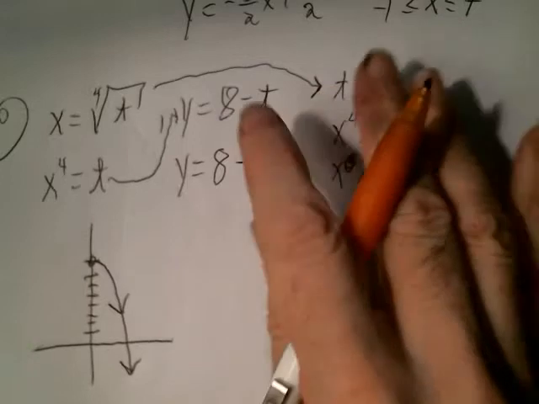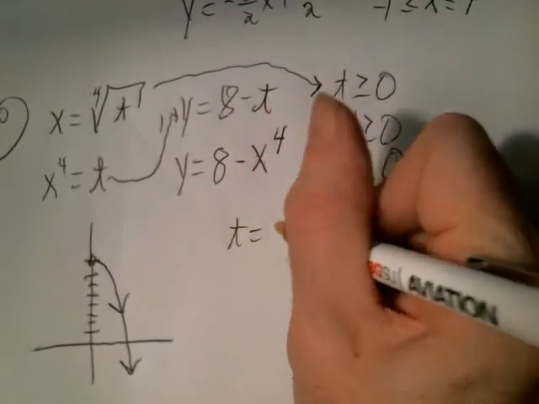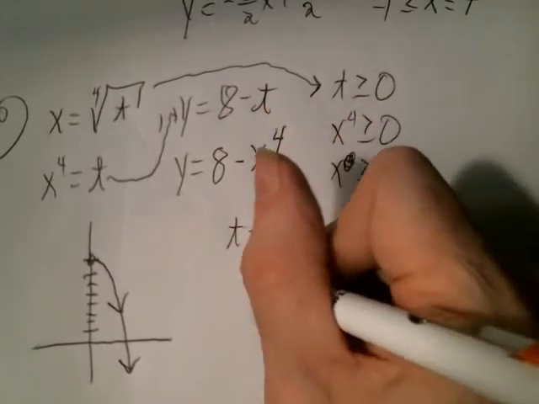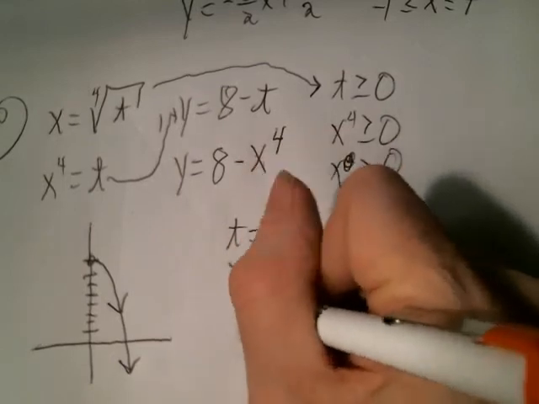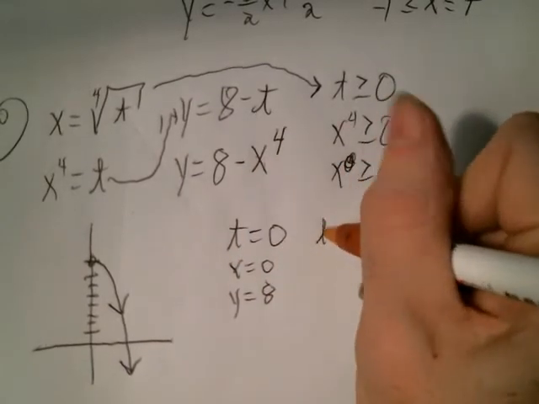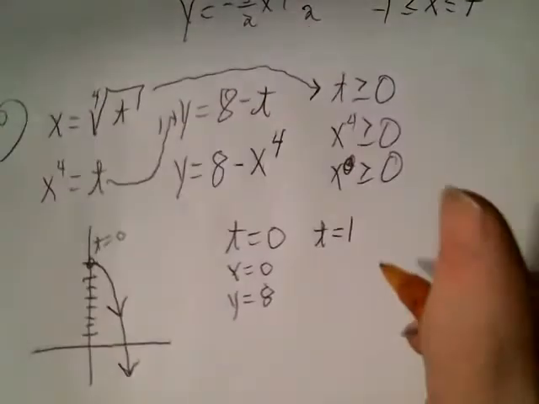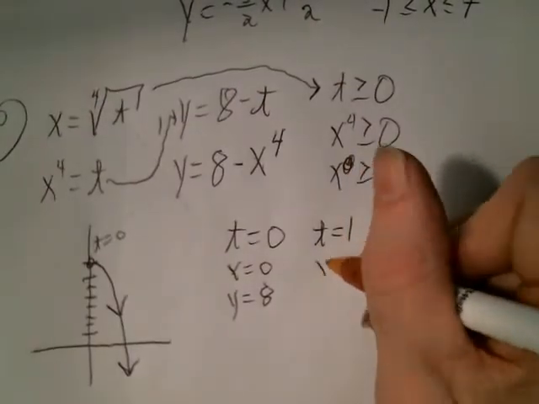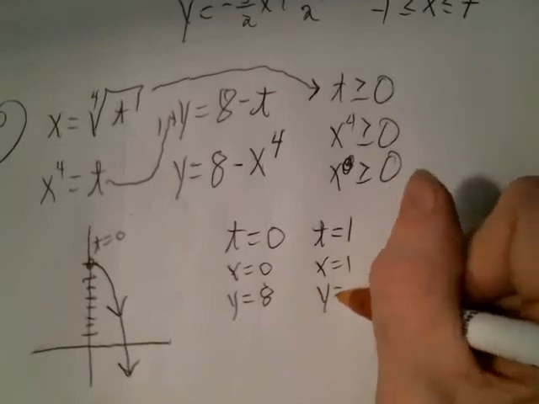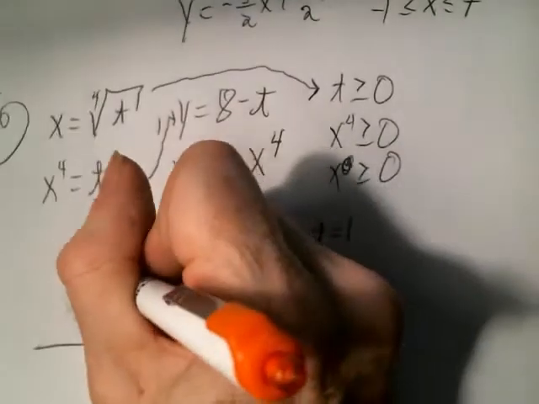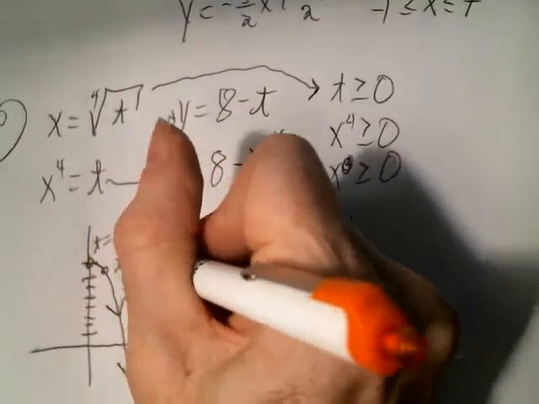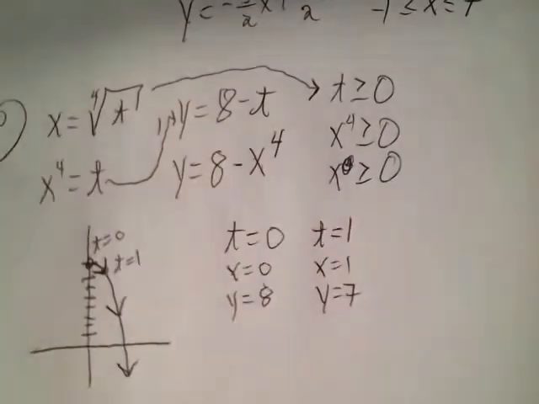Okay, if you're not sure, just put in some t values. So t equals 0 will give you x is 0 and y is 8. At t equals 1, you'll get x is 1, and then y is 7. Okay, so 1, 7, t equals 1, and certainly it is going in that direction.